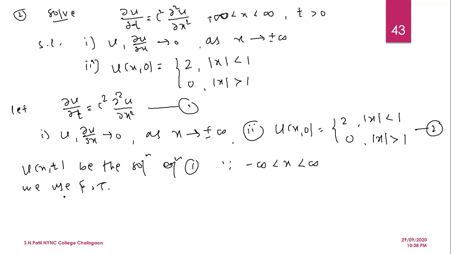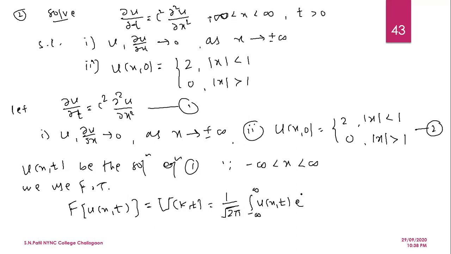So we write the definition of the Fourier transform for u. The Fourier transform of u(x, t) is capital U(k, t), defined as 1 upon under root 2 pi, integral from minus infinity to plus infinity of u(x, t) e raised to minus ikx with respect to x, say equation number 3.